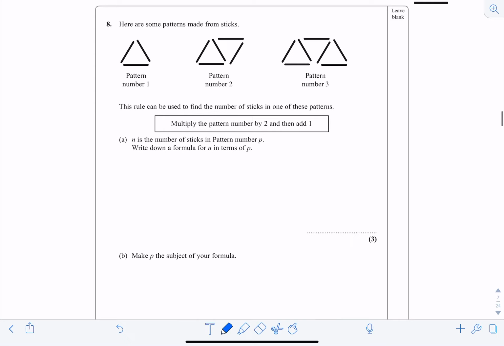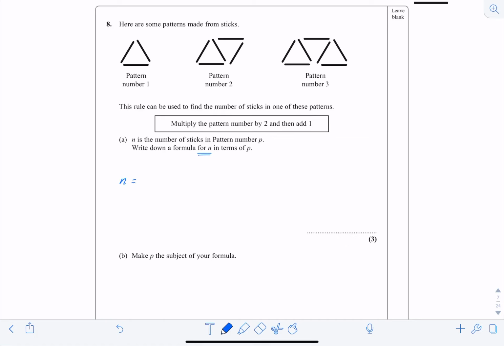Next. Question number 8. Here are some patterns from some sticks. This rule can be used to find the number of sticks in one of these patterns. Multiply the pattern number by 2 and then add 1. Well, marvelous. N is the number of sticks in pattern number P. Okay, write down a formula for N in terms of P. So for N means it's going to be N equals something.